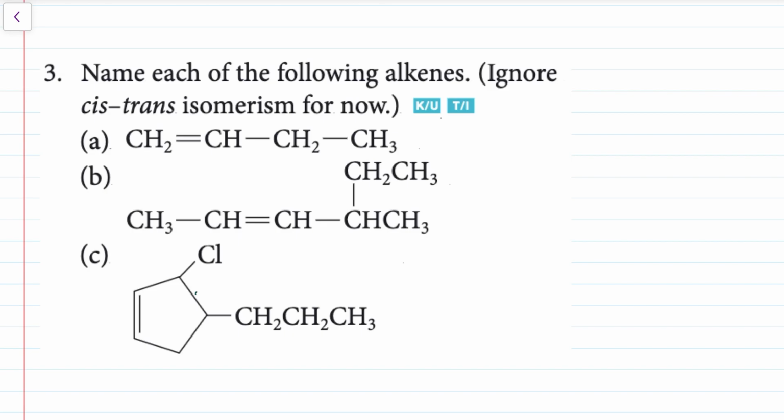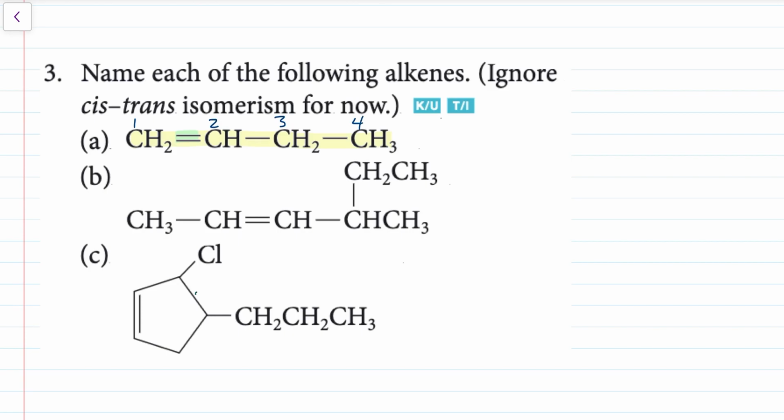So when we look at this first one, we've got ourselves the double bond between carbon 1 and 2, and just let's take a quick look at our parent chain, which I like to highlight in yellow for some reason. 1, 2, 3, 4. Okay, so here we are again with but-1-ene. Why couldn't they just keep it as 1-butene?